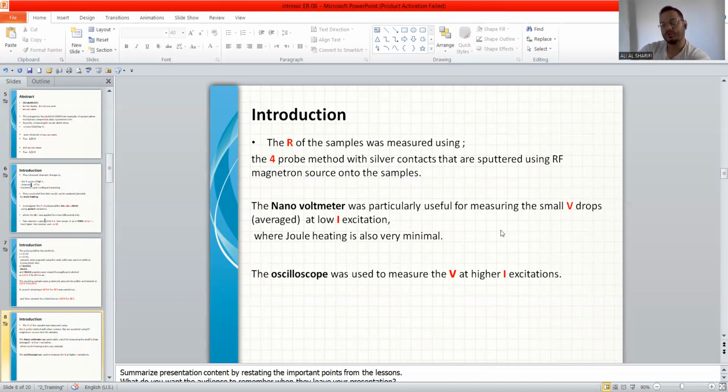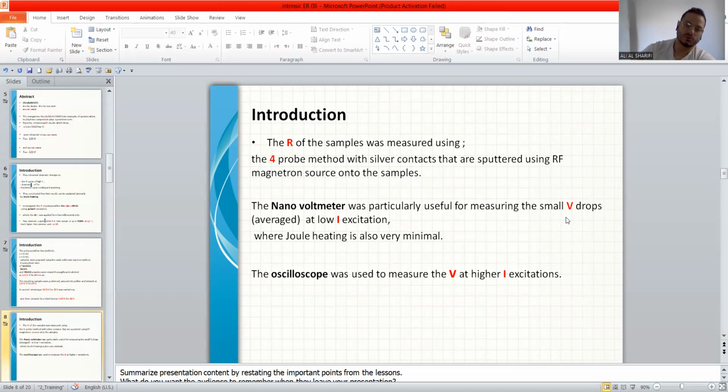And now we will use two different tools. The first one is the nanovoltmeter, which can determine the small voltage, the smaller amounts of voltage, useful for measuring small voltage drops, where Joule heating is also very minimal.